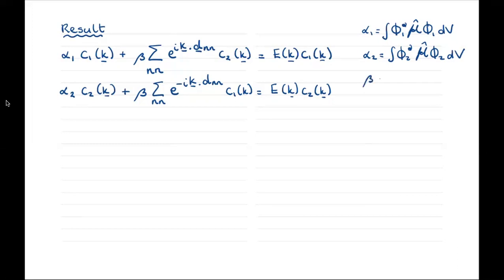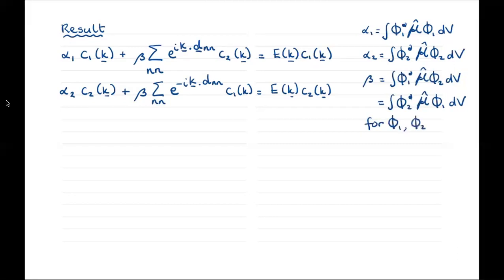And beta is the cross term, the integral of phi 1 star H phi 2 over all space, which is equal, because H is Hermitian, to the integral of phi 2 star H phi 1 over all space, in the case where phi 1 and phi 2 are nearest neighbors.